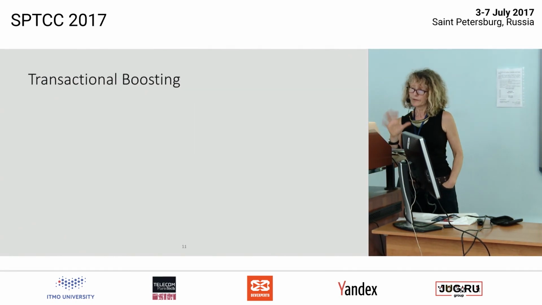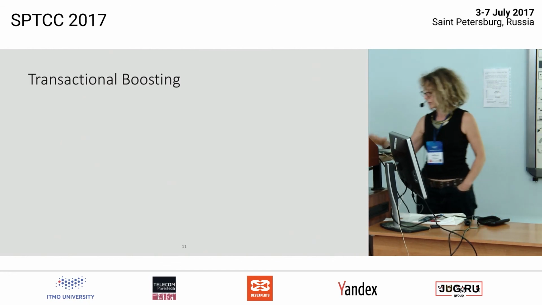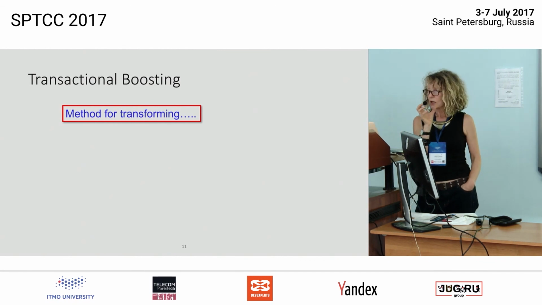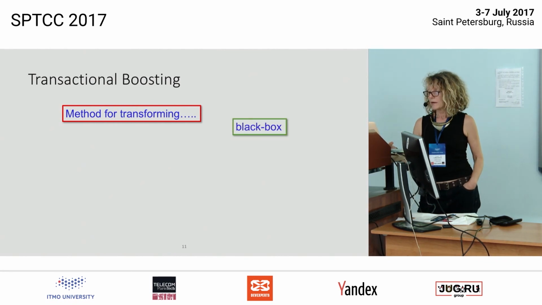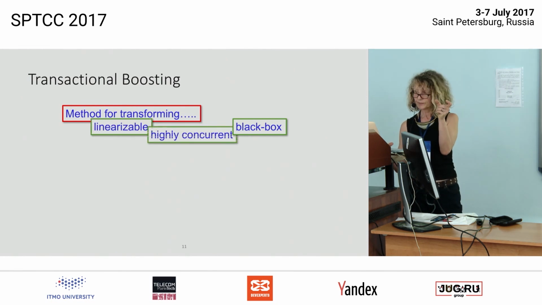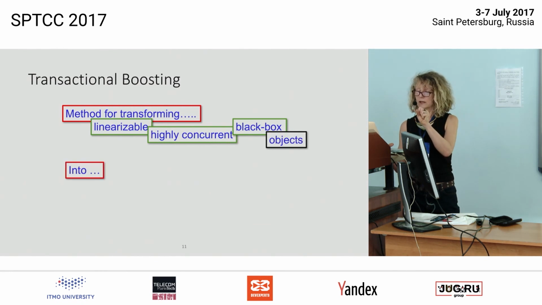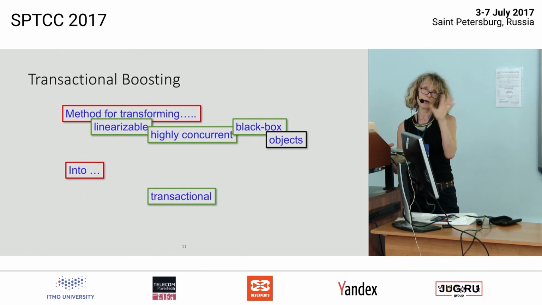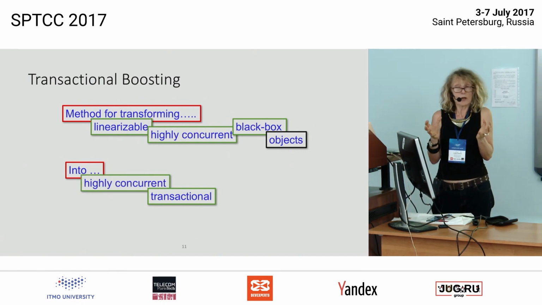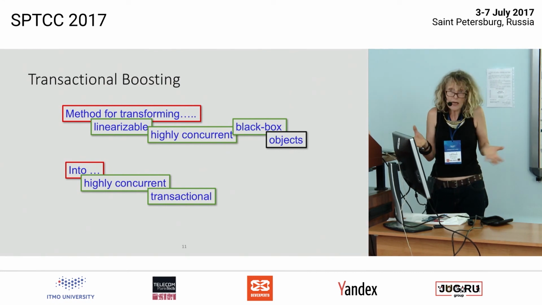So the first method, called transactional boosting, is essentially a way to transform, using a black box approach, a linearizable, highly concurrent object into a transactional object. So you can use it in a transaction safely and get essentially as much concurrency as the data structure allows.